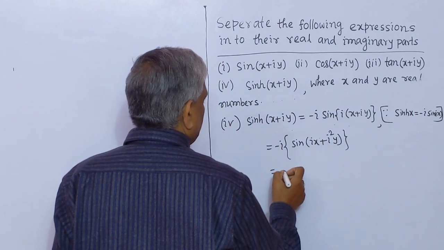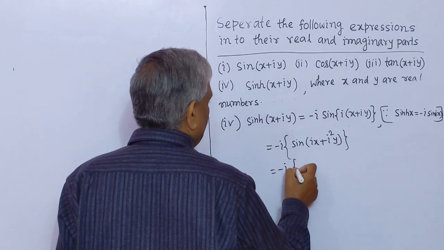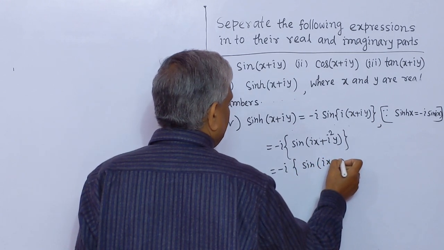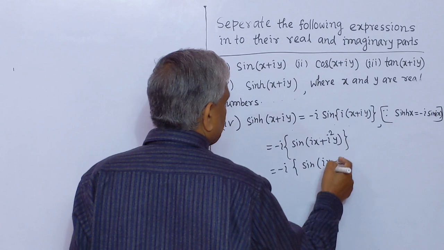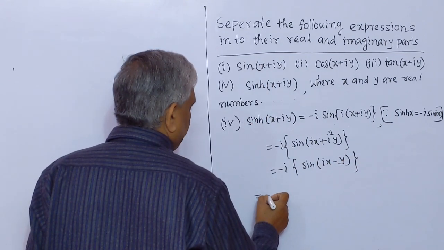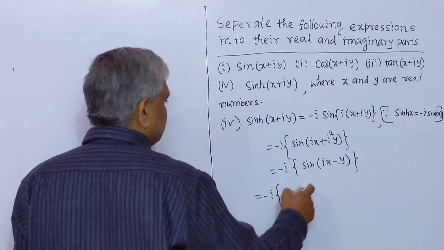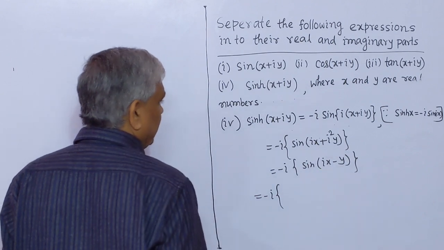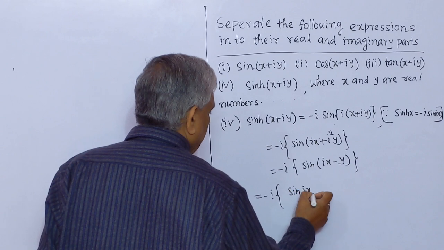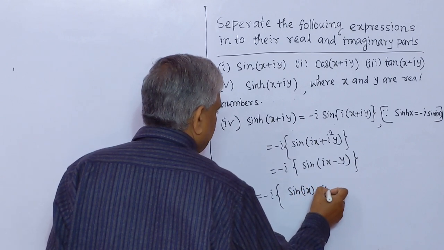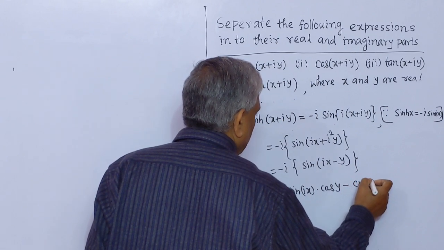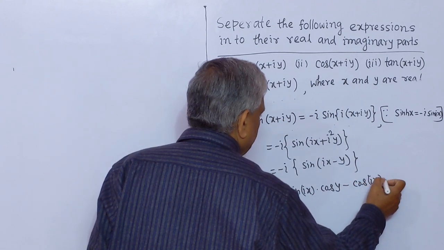This is equal to minus i sin ix minus i square means minus 1. This is equal to minus i sin A minus B, which is sin A cos B minus cos A sin B.